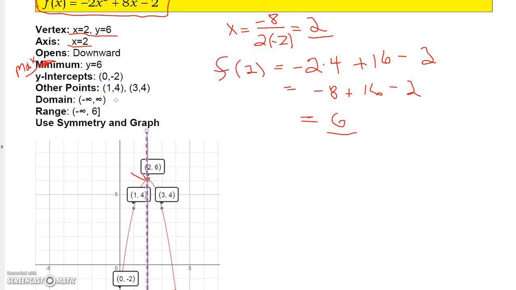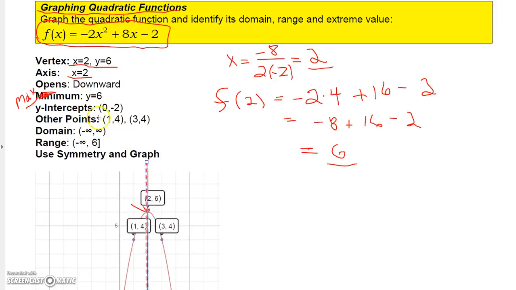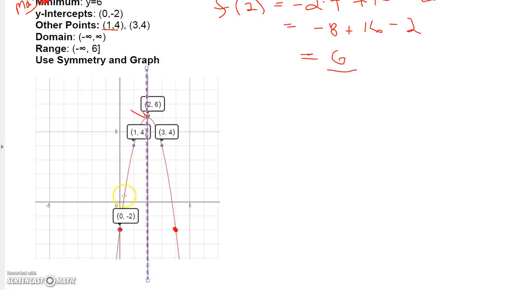But I decided to go ahead and plug in another point. Now you'll see I got another point, but I'll show you how I got that. If I plug 1 into this, I get -2 plus 8, that's 6, and then minus 2 is 4. So (1, 4) is a point on the graph. So I go over to 1, 4 and plot that point.